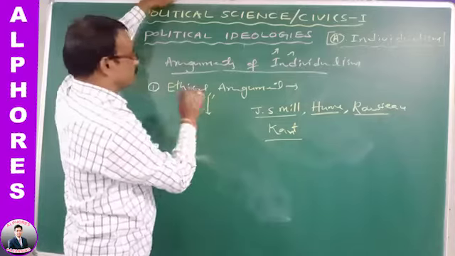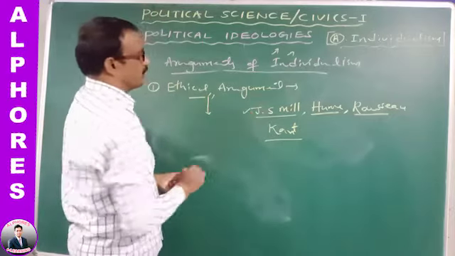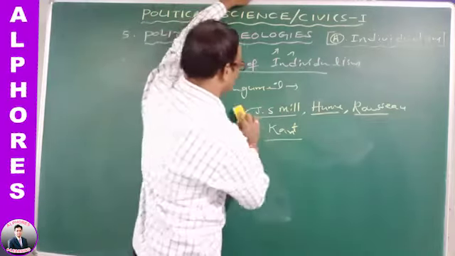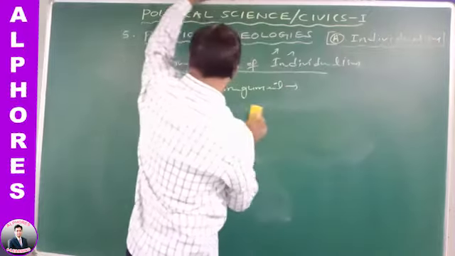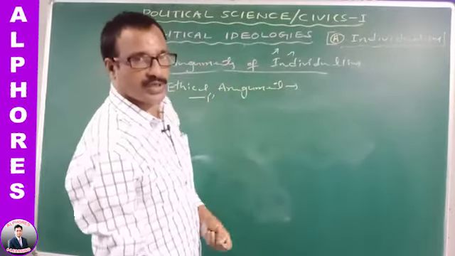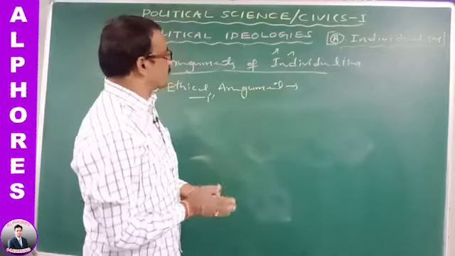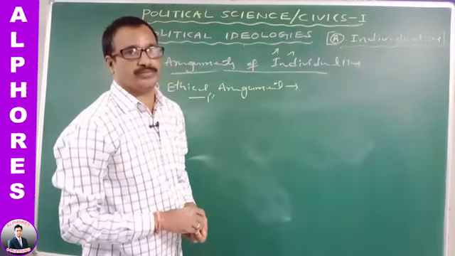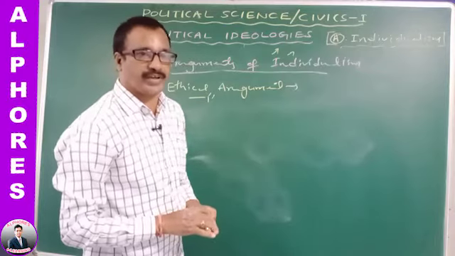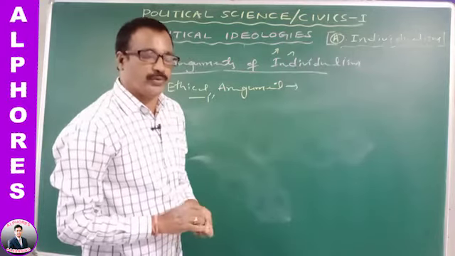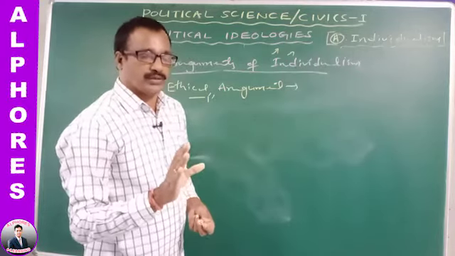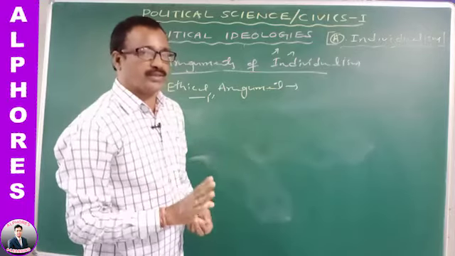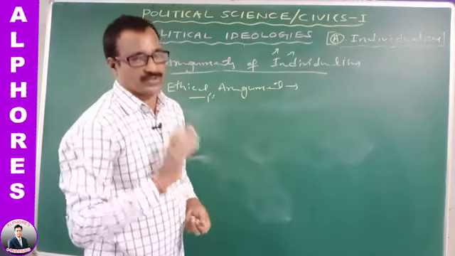According to them, especially J.S. Mill, who is the most important individualist, the state should not interfere in the life of the individuals. Otherwise the individual may not enjoy his liberty. That is the first one.